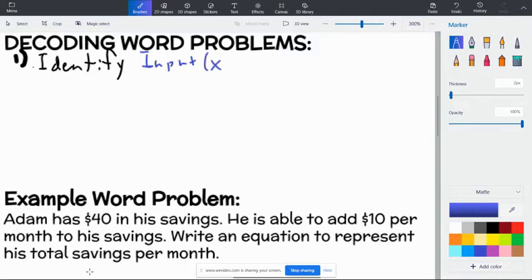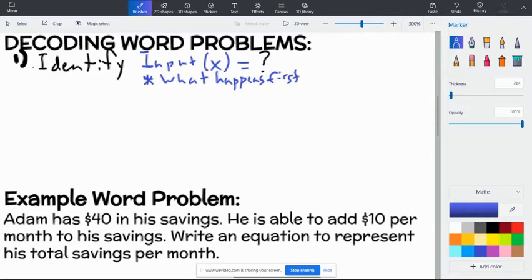We're going to say that our input is our x value. So we're going to figure out what our input equals. Another way of saying input is what happens first. Okay, so input is what happens first.